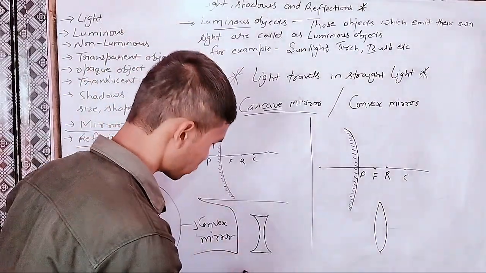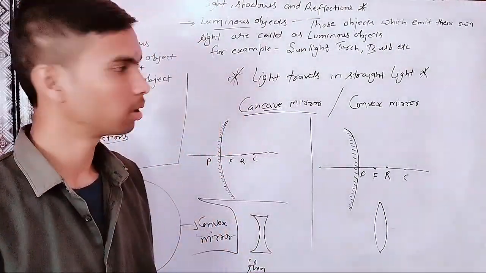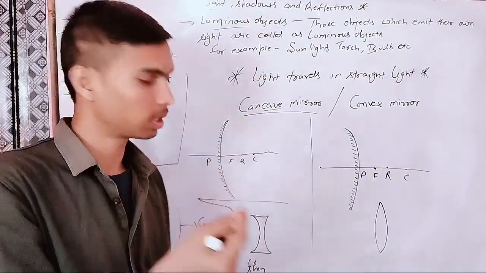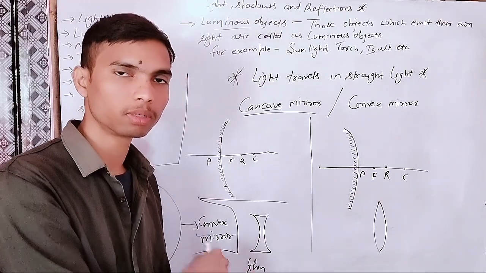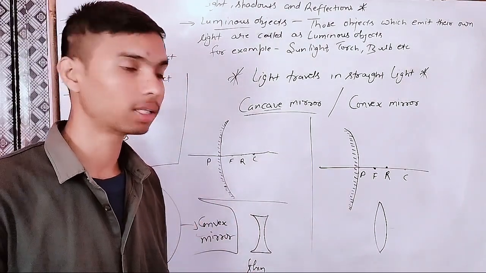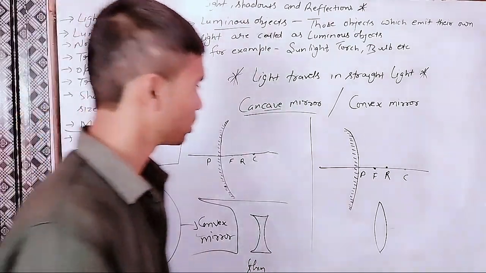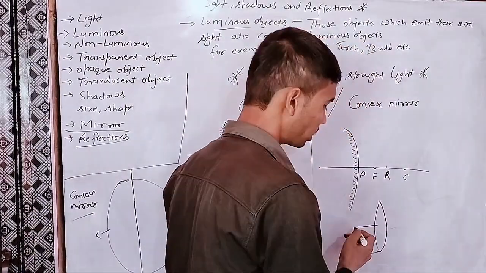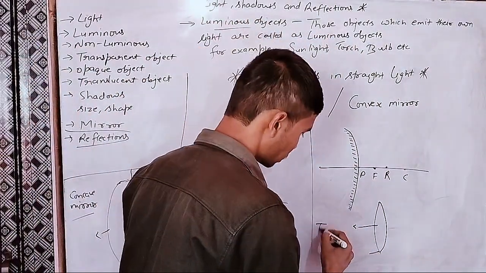I am saying thin. This middle area would be thin, and this end area would be thicker than the middle area. Similarly here, you can say this middle area would be thick.